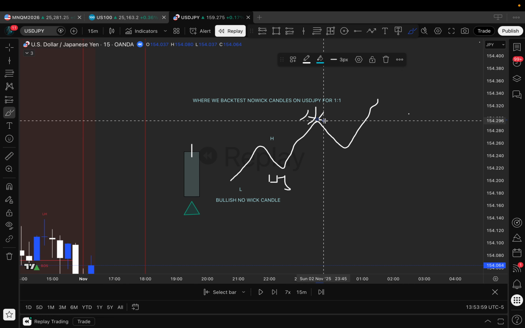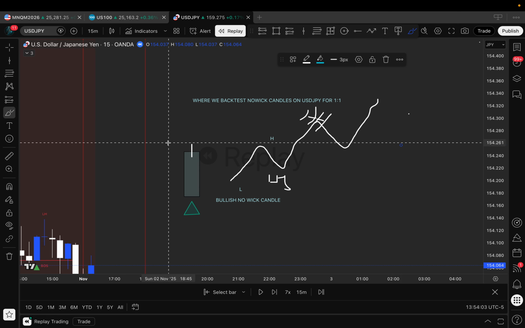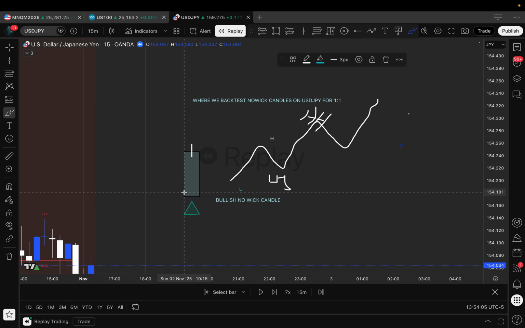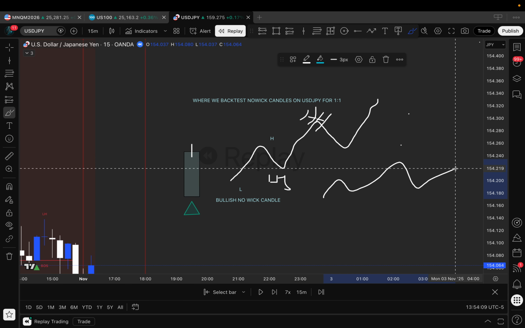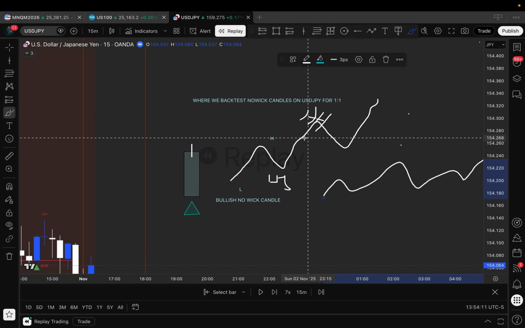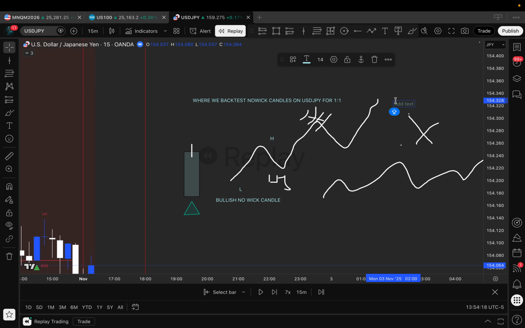So if the market is in a bullish trend, we will trade this candle. Simple as that. And if the market is sideways for a session or two, we don't trade. No trade for the day or that particular session.